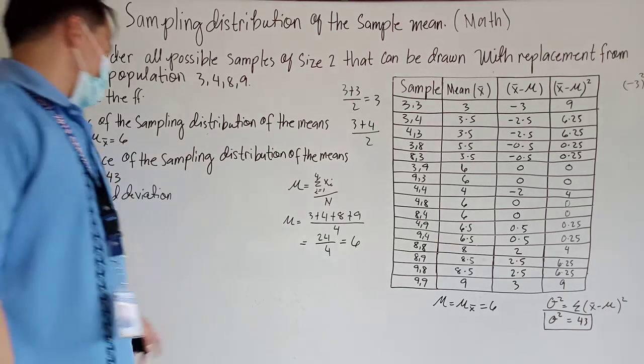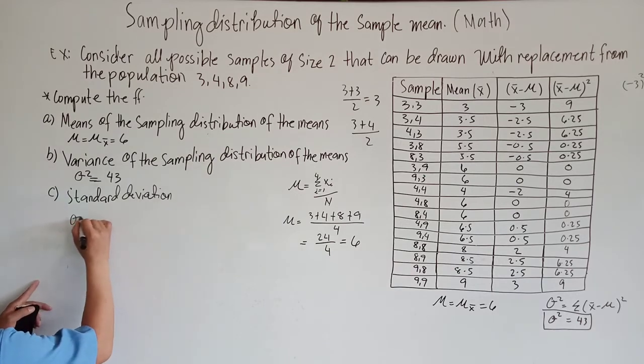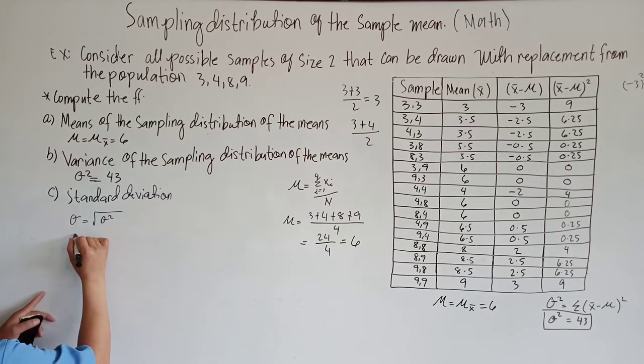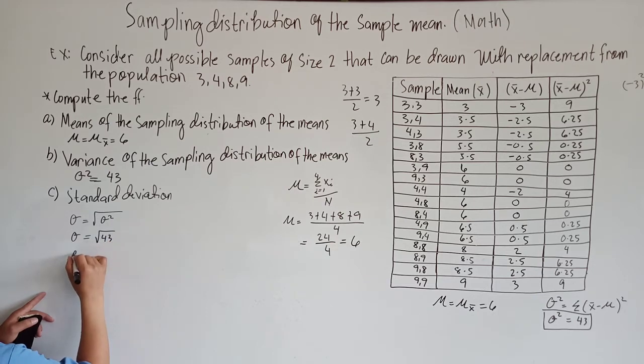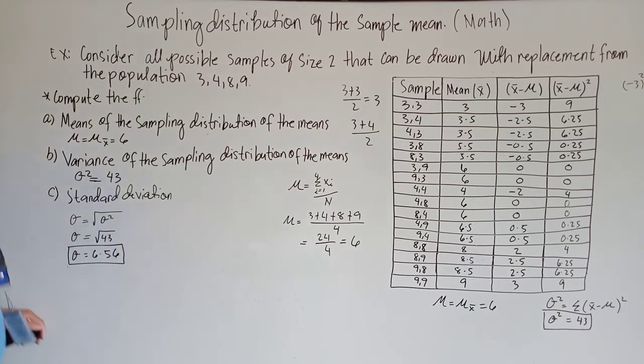Next, remember that the standard deviation is just the square root of the variance. Therefore, our standard deviation is equivalent to the square root of 43, which is approximately 6.56.